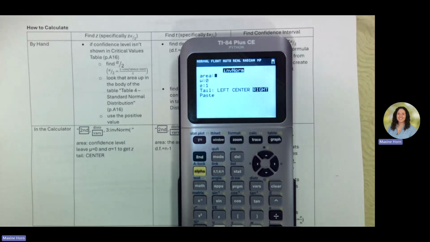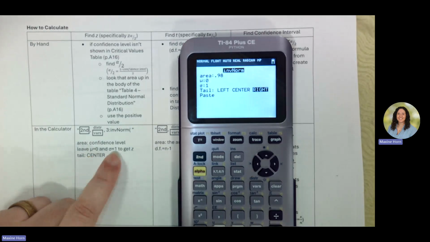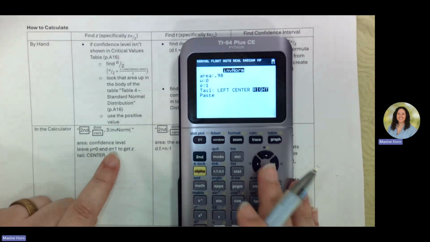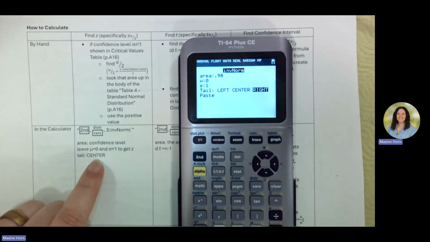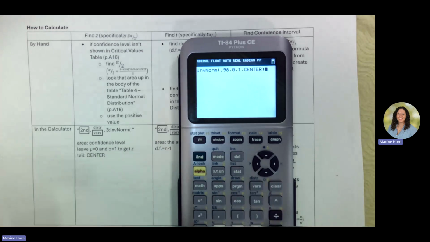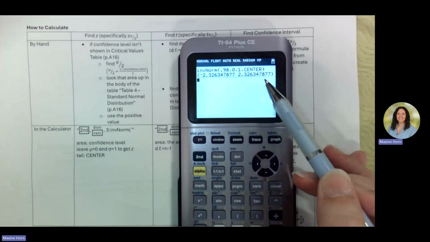Okay, your area is your confidence level. Our confidence level was 0.98. You want to leave your mean and your standard deviation as 0 and 1 so that we can get a z-score. And you have to make sure that for the tail you tell it that this is the center. You have to do that, okay?